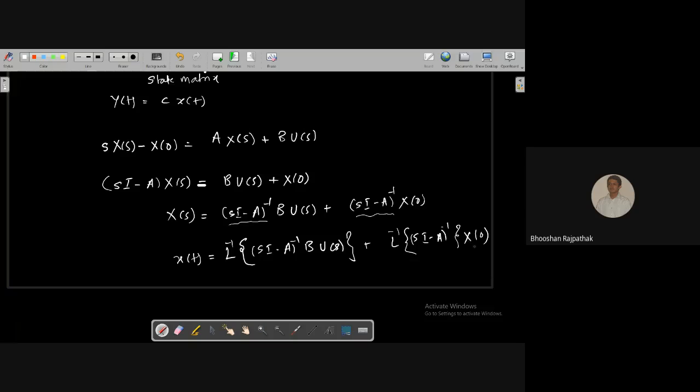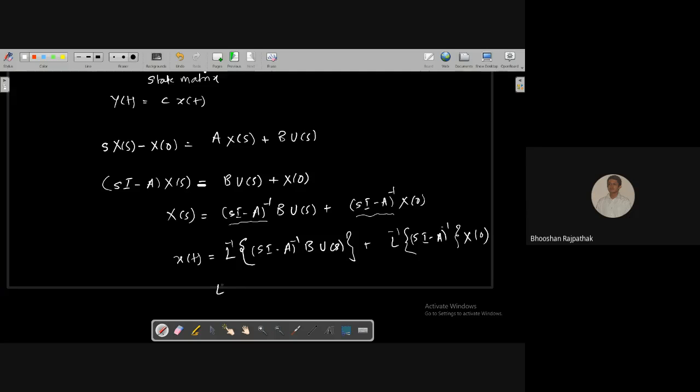I am taking this x naught outside the Laplace inverse because x naught is a constant, so you can take the constant outside. In the first term we cannot take anything outside. Now we have the Laplace inverse of (sI minus A) inverse B U of s, and the Laplace inverse of (sI minus A) inverse.